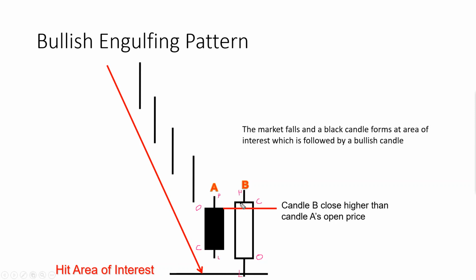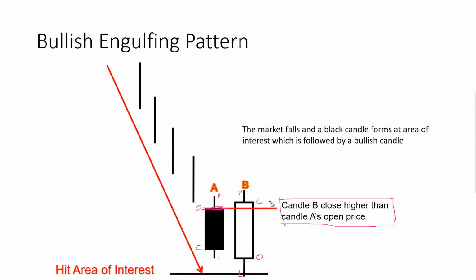The most important thing here is that the closing price closes higher than the opening price of the previous candle. This is the most crucial thing. You must understand this concept, because later I'm going to give you some situations that are not as straightforward, so I need you to really understand it.